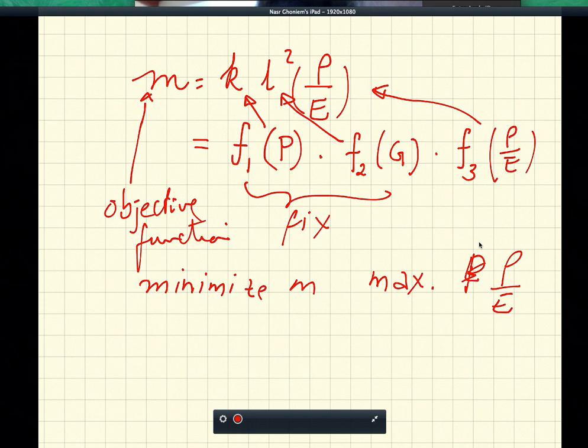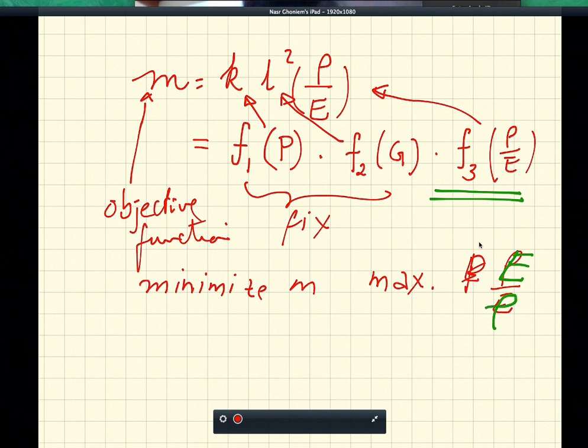The remaining part is a function of the material property, and it turned out to be rho over E, and therefore we maximize E over rho to select the material.